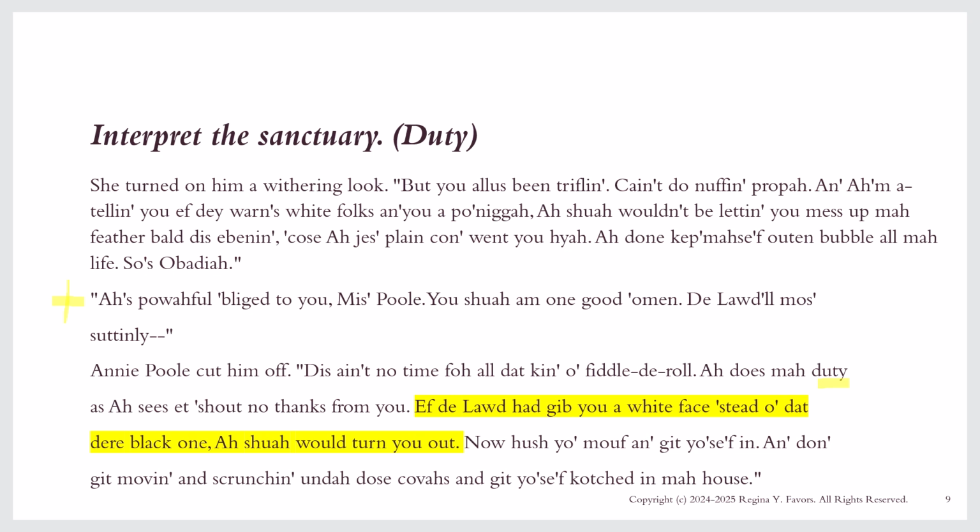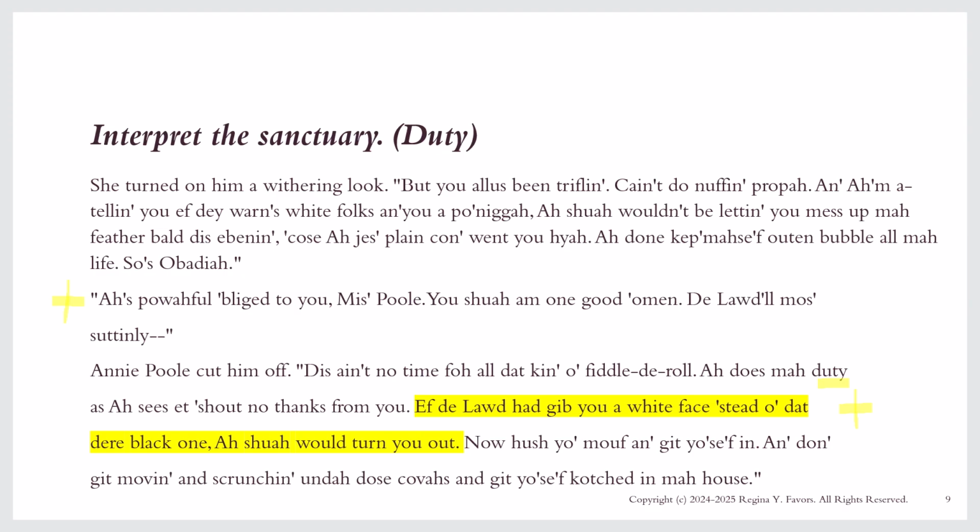But there is a condition. If the good Lord had give you a white face instead of that black face, I would turn you out. So she would be inclined to not give sanctuary to a white face. She would be inclined to turn him over to the police. But the black face, she has a duty to.